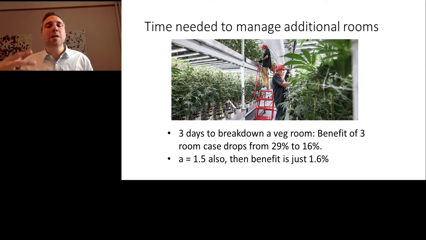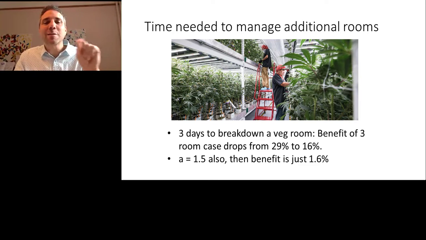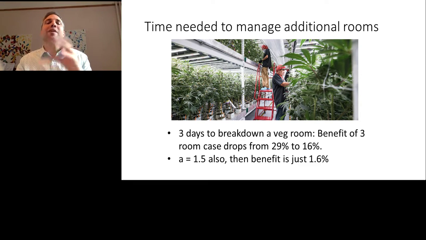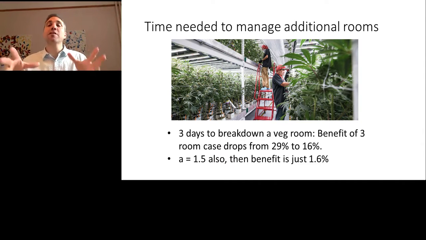So in other words, that time becomes incredibly important because it reduces the number of harvests I have a year, right? To give you an example, if it takes 3 days to break down the vegging room and restock the flowering room, and we add those 3 days to that model we did, the 3-room case, so the harvest period takes 3 extra days, that reduces the benefits of moving from 1 room to 3 rooms from 29% to just 16%.